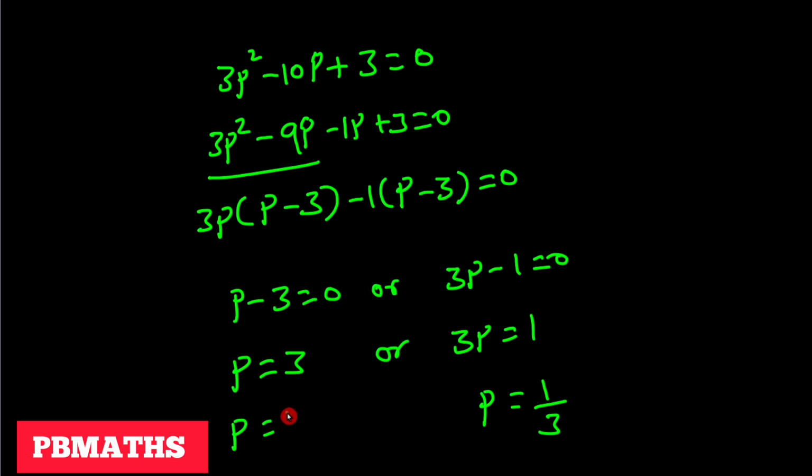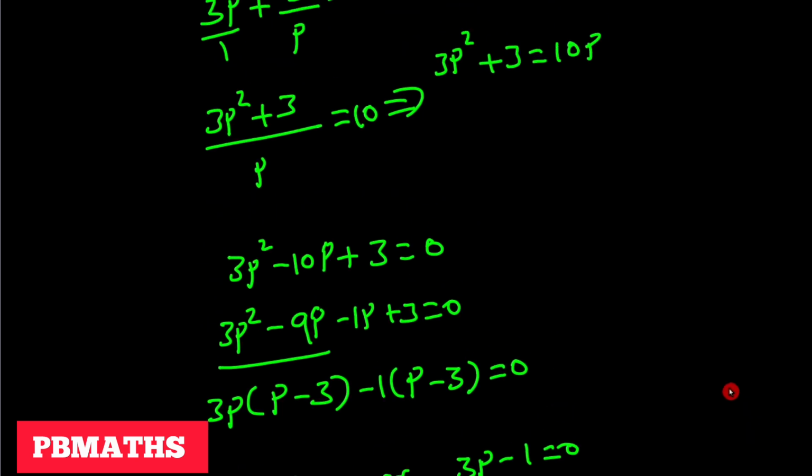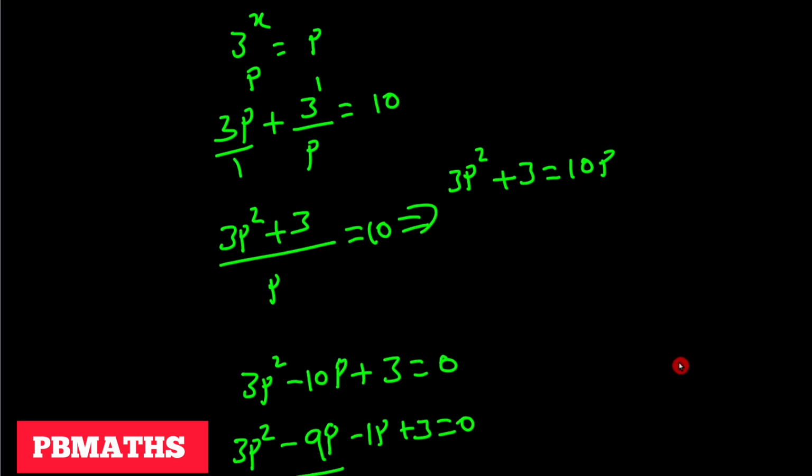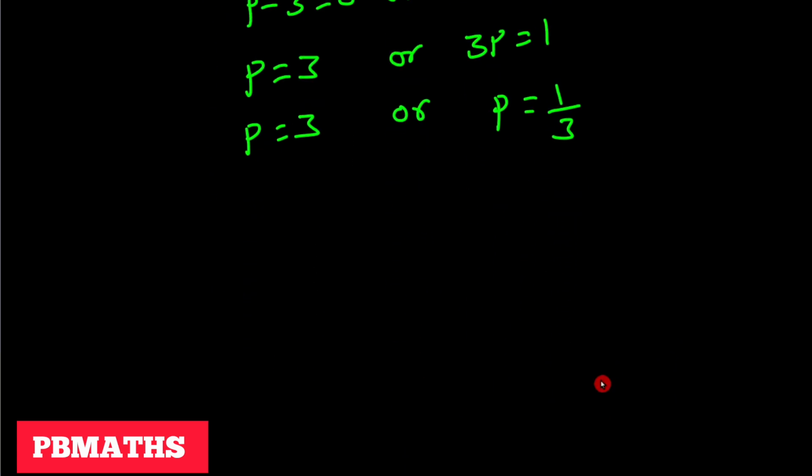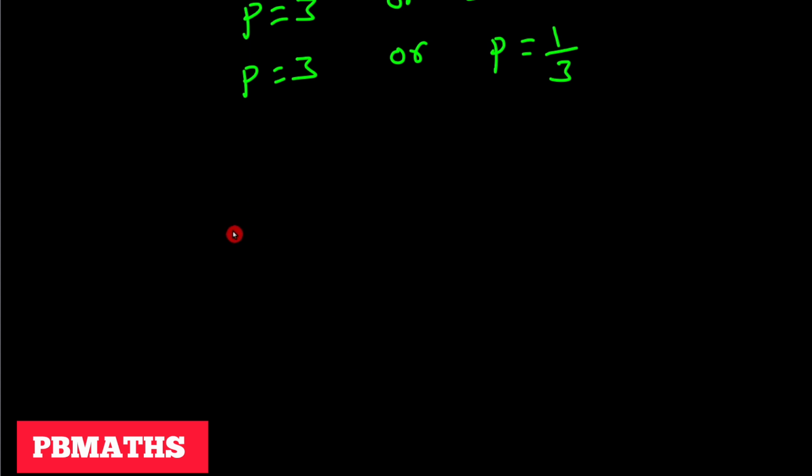Here we can write p is equal to 3. Now let's replace this p by 3 to the power x in this equation. Then we can write p value is 3 to the power x equals 3. We can write it as 3 to the power 1, or here p value is 3 to the power x equals 1 by 3.